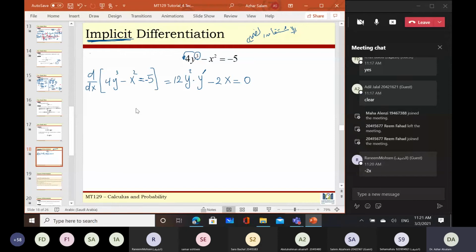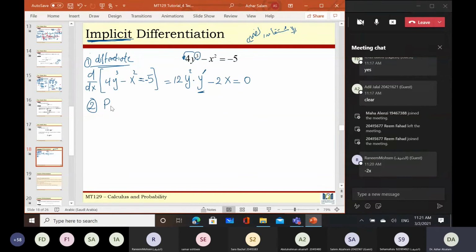I have to find y dash alone on one side. Okay, so the second step. The first step is to differentiate in the normal way, but multiply each derivative of y by y dash.